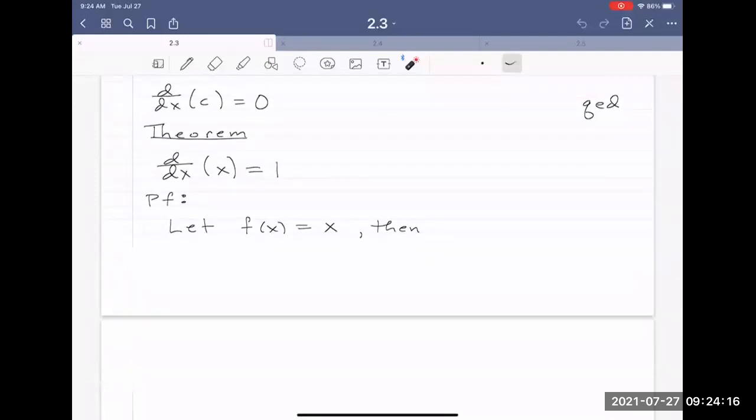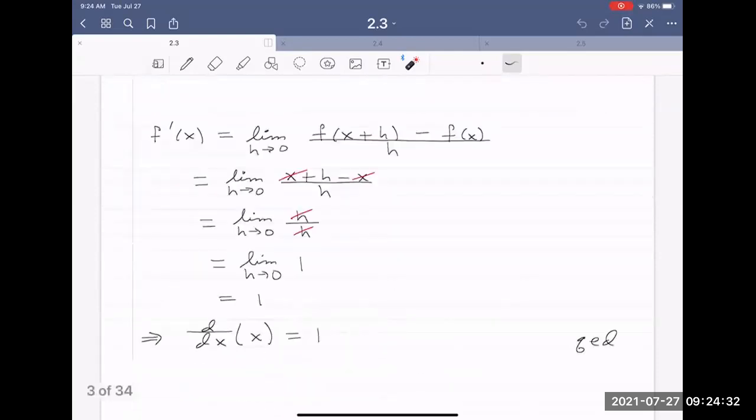The next theorem. The derivative of x is 1. Let's proceed as before. Let f of x equal x.